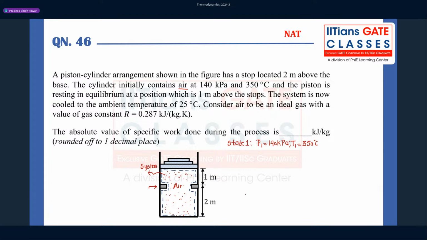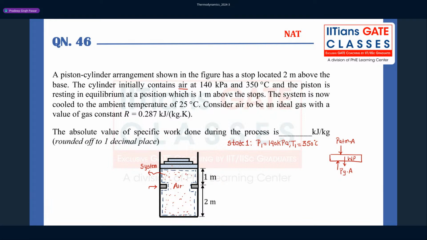If we draw the free body diagram of the piston at this state, on the top you have atmospheric pressure acting, times area, which gives the force on the top face of the piston. Then we have the weight of the piston. On the bottom side, we have the pressure of the gas and the area of the piston.